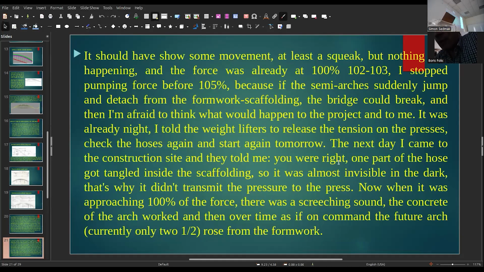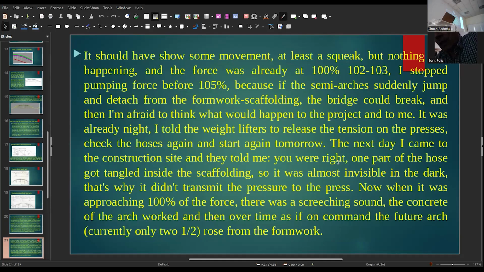I stopped pumping the force before 105% because the semi-arch could suddenly jump and detach from the formwork scaffolding and the bridge could break. I am afraid to think what would have happened to the project and to me.